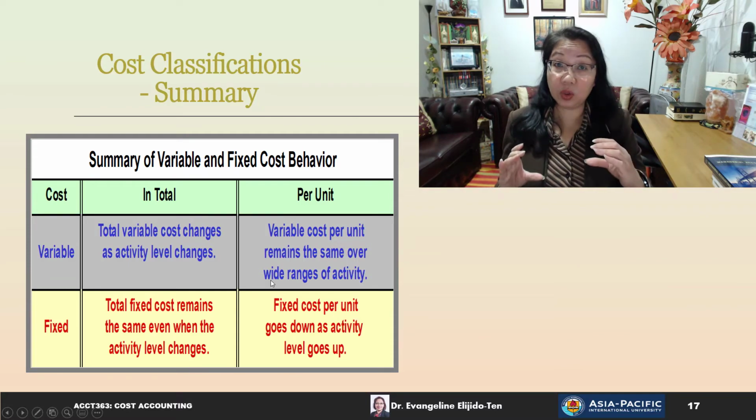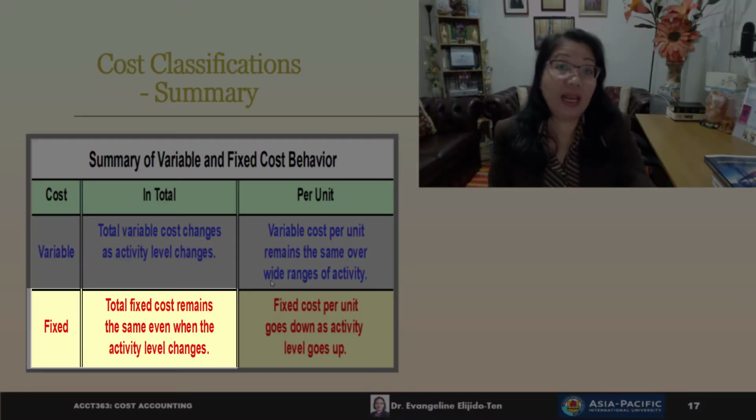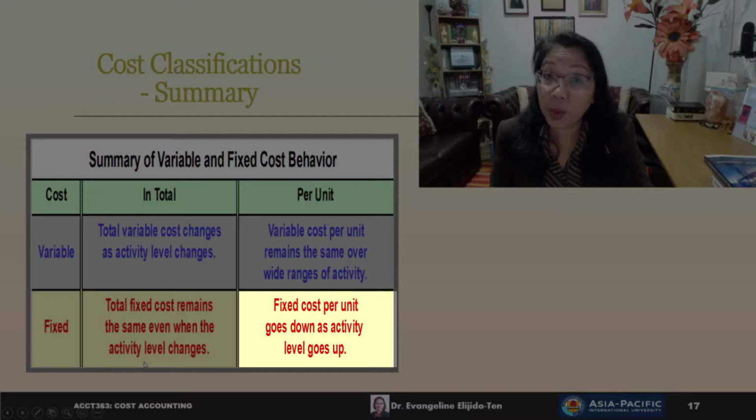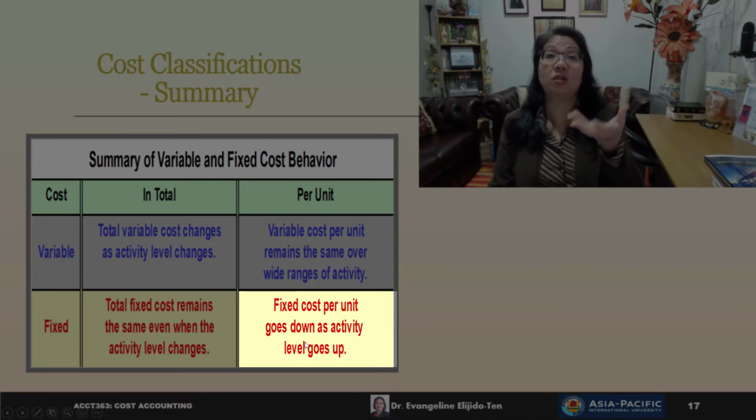So variable cost per unit will remain constant. Fixed cost, on the other hand, is kind of the opposite. So fixed cost in total will remain the same even when the activity level changes. But on a per unit basis, fixed cost goes down as the activity level goes up.